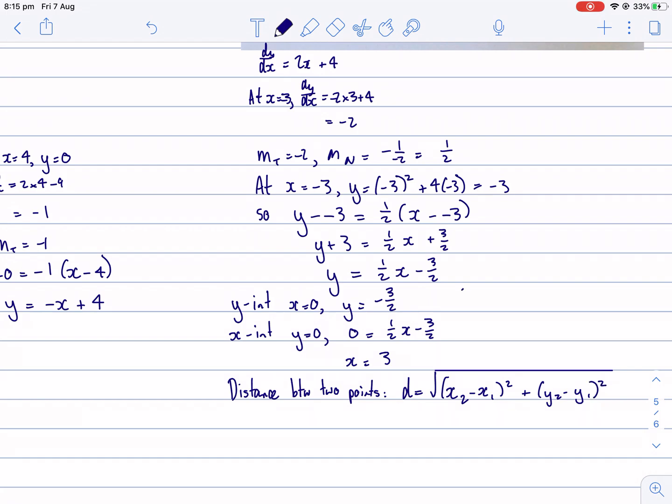So this is the point (0, -3 on 2). This is the point (3, 0). So we've got our distance equals the square root of, x2 I'm going to have as 3, (3 minus 0) squared plus (0 minus -3 on 2) squared. I'm going to chuck that straight in my calculator.